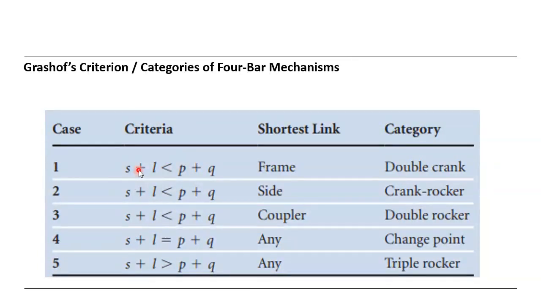In one of them, the smallest link plus the longest link must be less than the sum of the other 2, which we call P and Q.